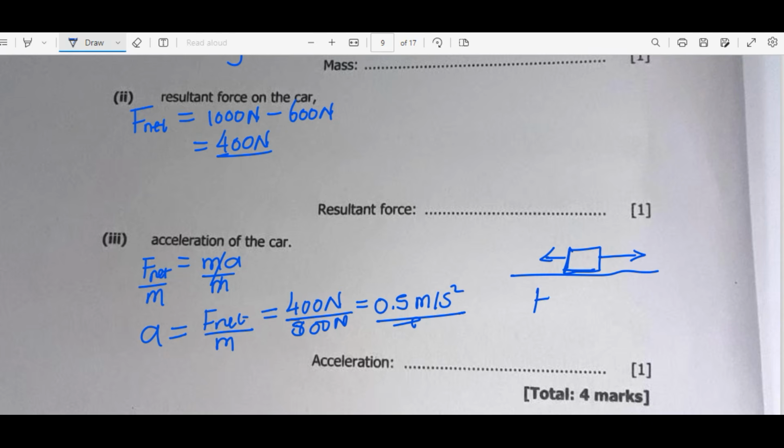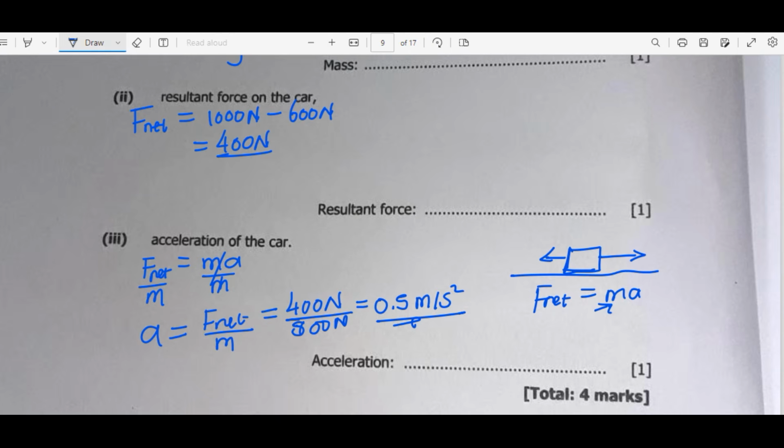Now, if you look at the formula from the second law of motion, force is equal to mass times acceleration. So the acceleration depends on the size of the mass. If the mass increases, the acceleration decreases. So mass is inversely related to acceleration according to the second law of motion.